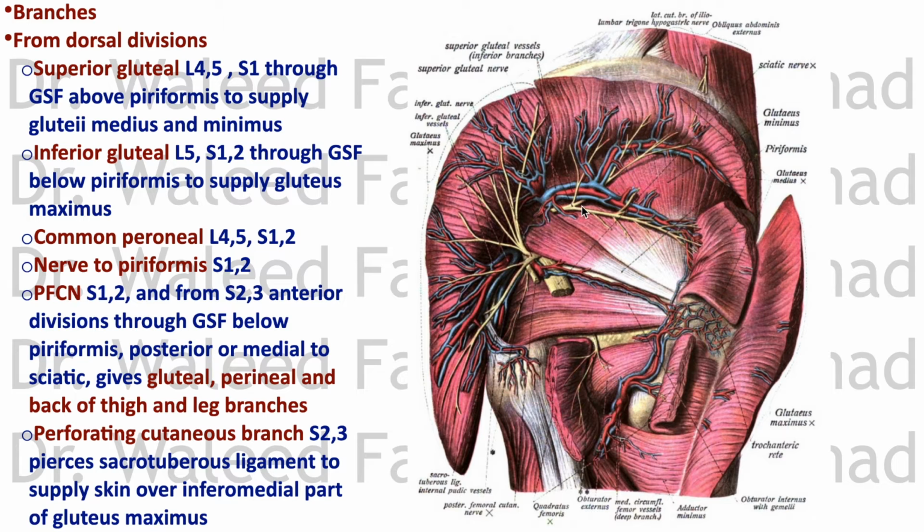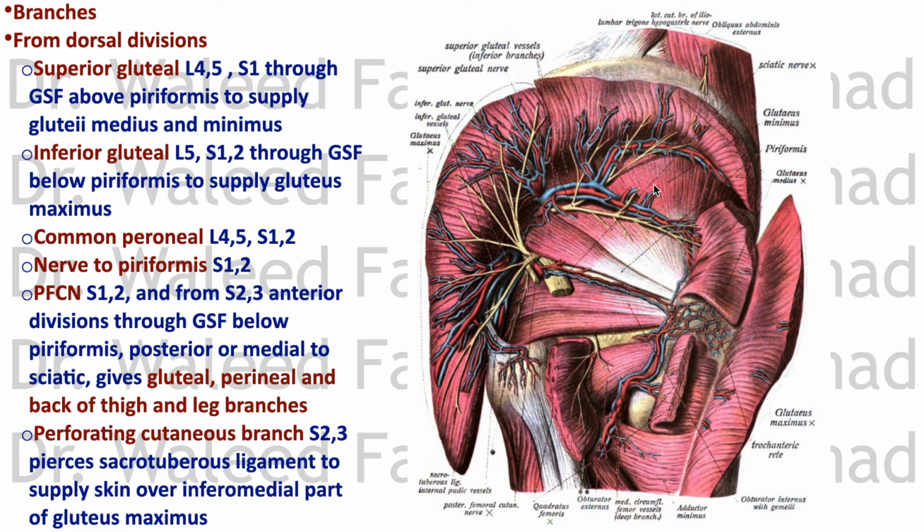This is the superior gluteal nerve. Remember, it divides into superior and inferior branches. We will study this in detail in the gluteal region of the lower limb, and it supplies the gluteus medius and minimus and ends in the tensor fasciae latae muscle to supply it.